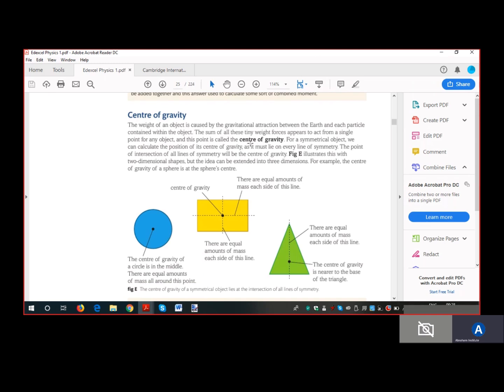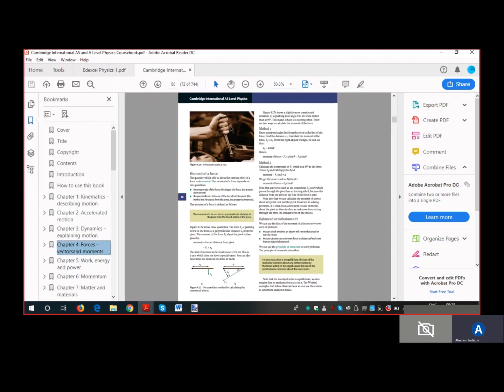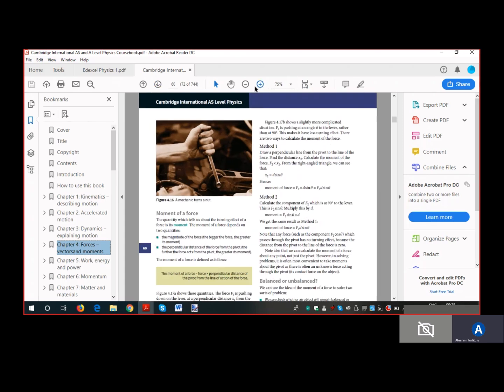Okay, so here they have given that to you. The sum of all these tiny weight forces appear to act from a single point for an object, and this point is called the center of gravity. So that is center of gravity. Now in the other book also they had some definitions, so you can use this book as well.